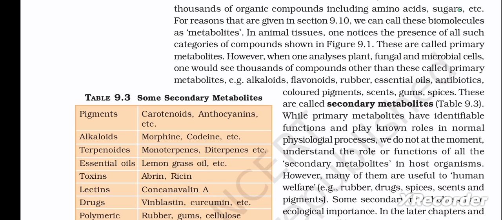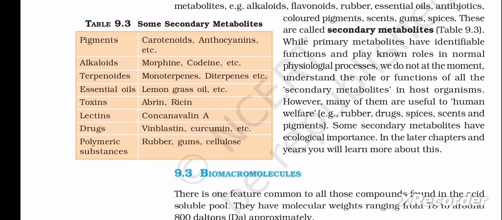So secondary metabolites are listed over here. Let us see this.